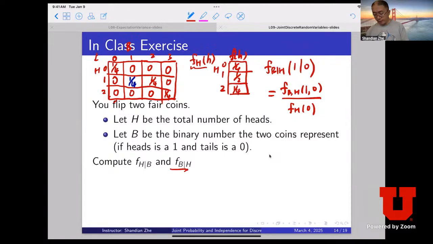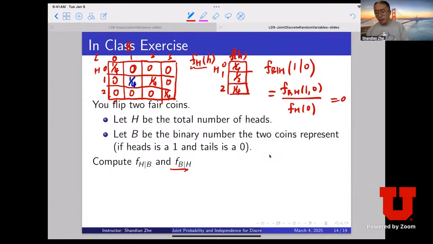So what's the joint density of B and H where B is 1 and H is 0? What's the numerator? Just 0, right? If you look at B is 1 and H is 0, it's here. So the numerator is 0, and no matter what the denominator is, the result is just 0.